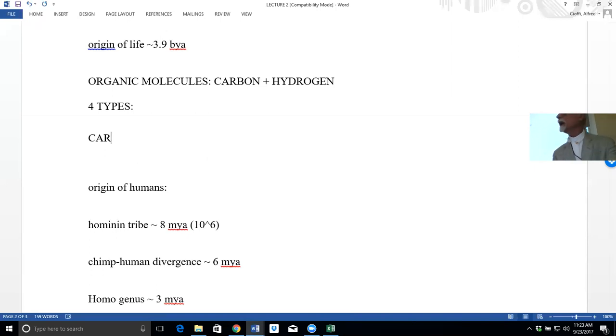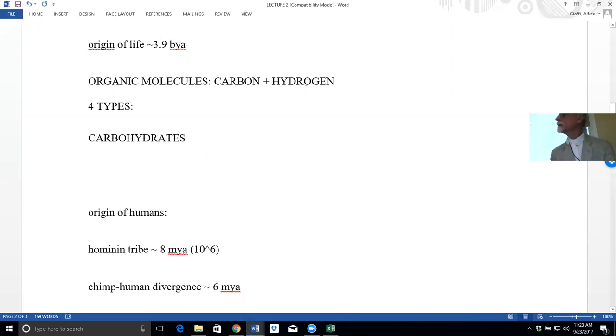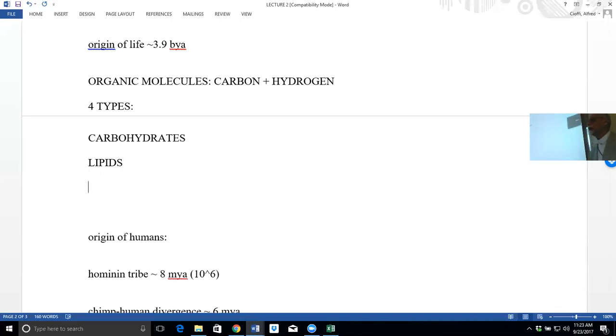If it has carbon and hydrogen, carbohydrates, right? The carbs. And then we have also lipids. And lipids are fats, oils, waxes, greases. Lipids are typically insoluble in water. It's one main characteristic. And then the other ones are proteins.